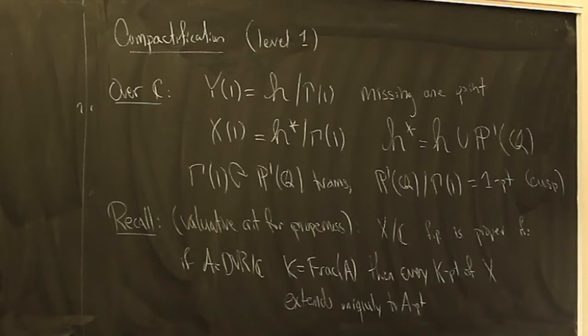Okay, so this is suggesting that the moduli interpretation of this additional point should somehow be related to how we fill in elliptic curves over DVRs.